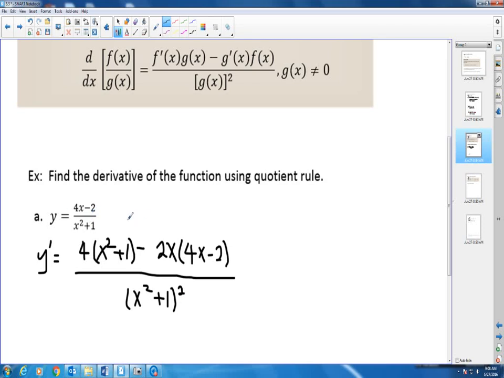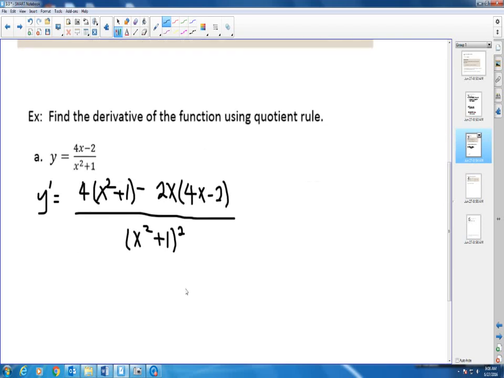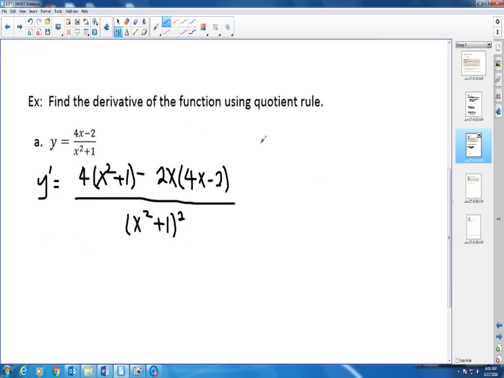From the previous recording, whatever simple rules I introduced, you have to be able to do those just by looking at it. Alright, now comes the aggravating part, which is simplifying. If I multiply this out on the top, that's 4x squared plus 4, minus 2x squared, negative 2x times negative 2, positive 4x.